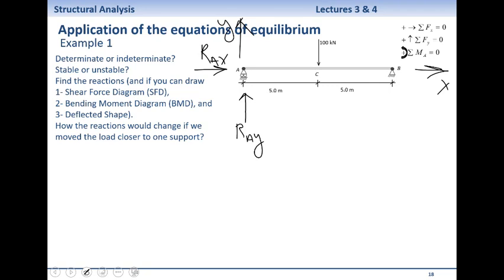Now, in the X direction, can a roller produce resistance against movement in the horizontal direction? I need at least one student to answer that question. Fantastic. So therefore, this is 0.